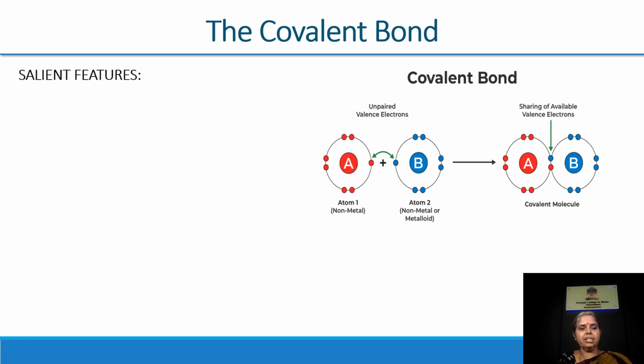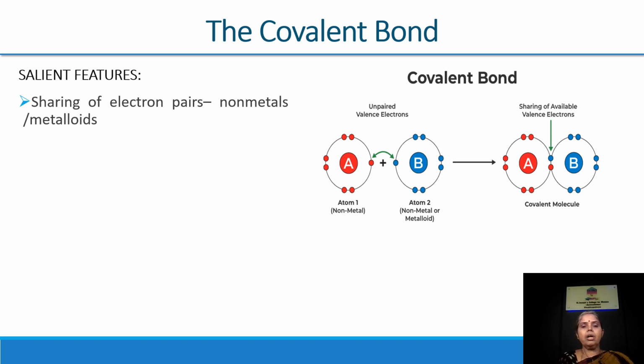Now let us see the salient features of a covalent bond. Covalent bonds are formed by sharing of electron pairs. Generally, covalent bonds are formed between non-metal atoms or a non-metal and a metalloid.